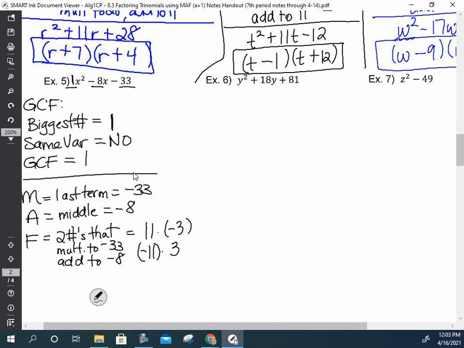And that's what I agree with. Negative 11 plus 3 is equal to negative 8, which is what you want. 11 plus negative 3 is 8, but we need a negative 8. So remember, it has to match up sign and the number.